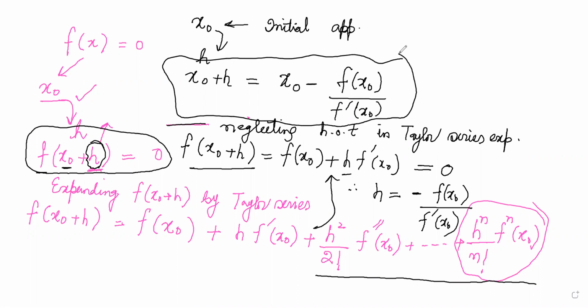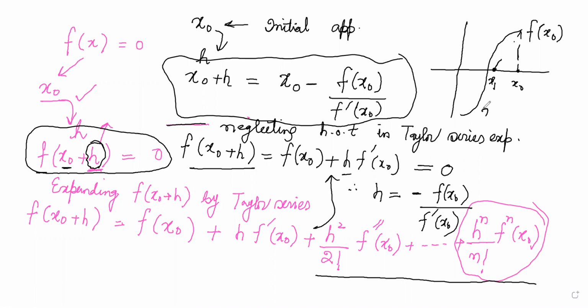So as we started with the initial approximation x naught, we obtained the value of the function as f of x naught. We draw a tangent at that very point to obtain the next value as x1.